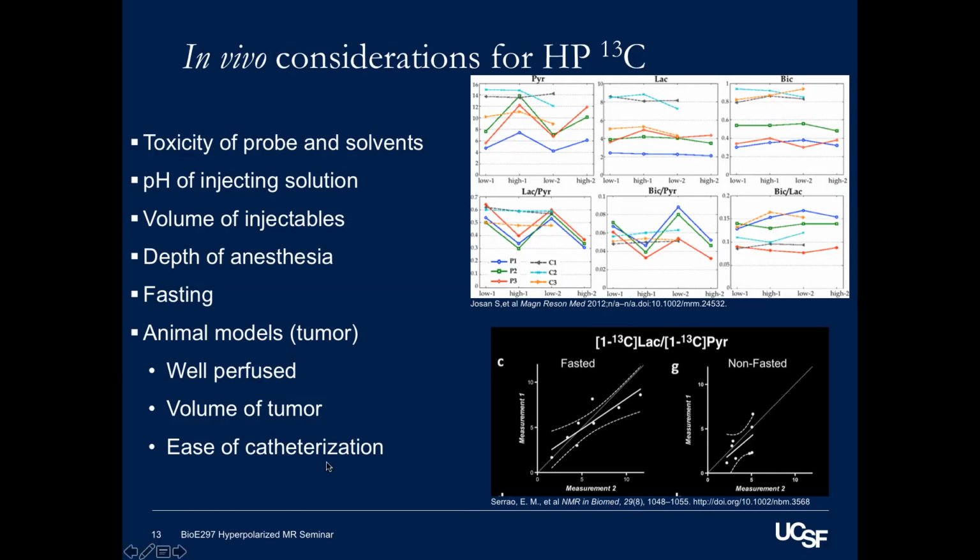And then another big reason for failure or the loss of an animal is the catheterization. Without this, you can't do a hyperpolarized experiment with an animal, right? So you have to be a good expert, first of all, with catheterization. Fortunately, we have an expert here. Also, as the animals get big in terms of cancer biology applications, the tails become really, really tough, and that complicates things.